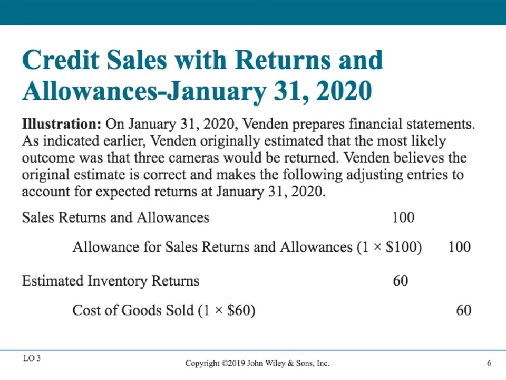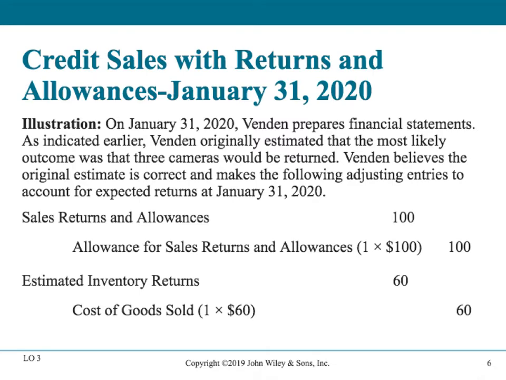How about January 31st when we prepare our financial statements? First, we have to record or estimate 1 more camera that we are expecting to get back. So we will again debit sales returns and allowances for 1 more camera. And this time we will not reduce our accounts receivable because we don't know for sure yet if it will be returned or not.